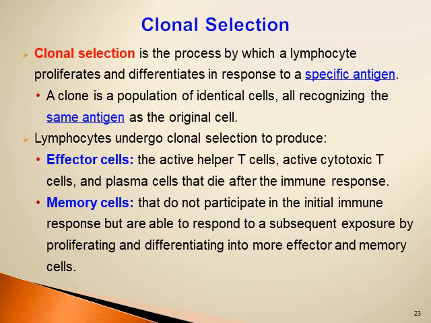Memory cells do not participate in the initial immune response but are able to respond to subsequent exposure by proliferating and differentiating into more effector and memory cells. So the memory cells are not for the first encounter but for the subsequent encounters. They just carry the memory of the immunity to the first encounter with the antigen for next attacks.